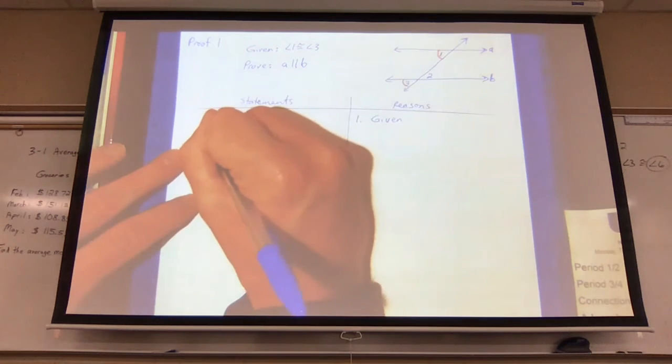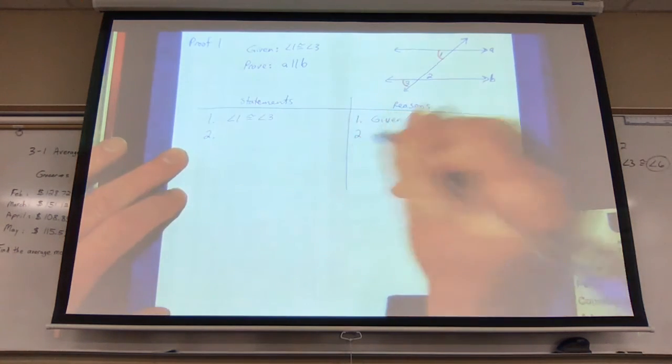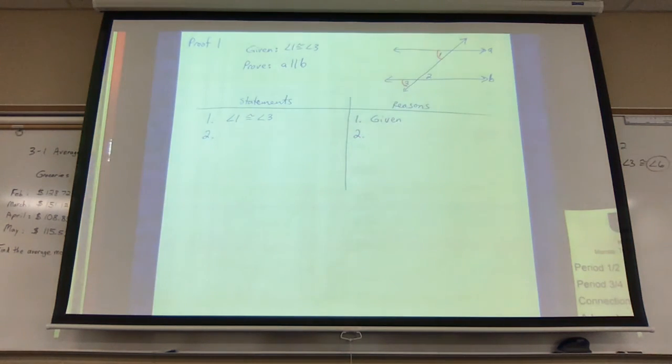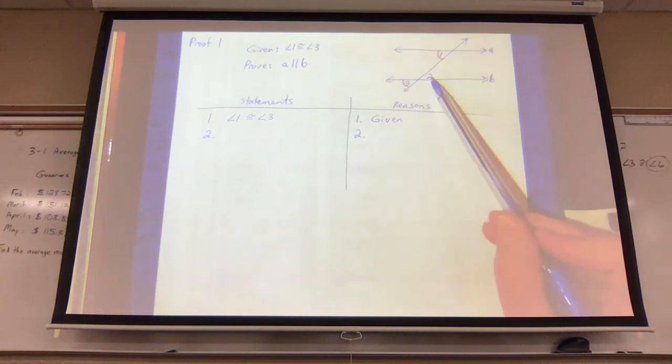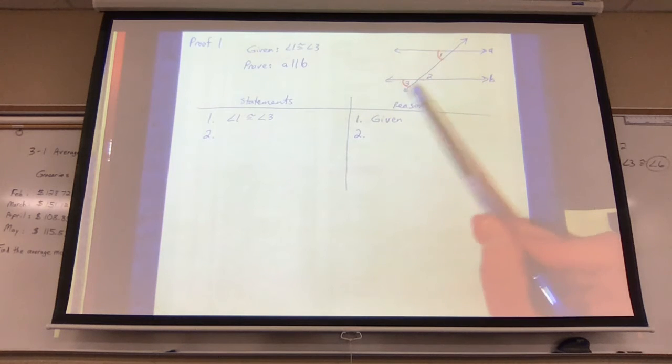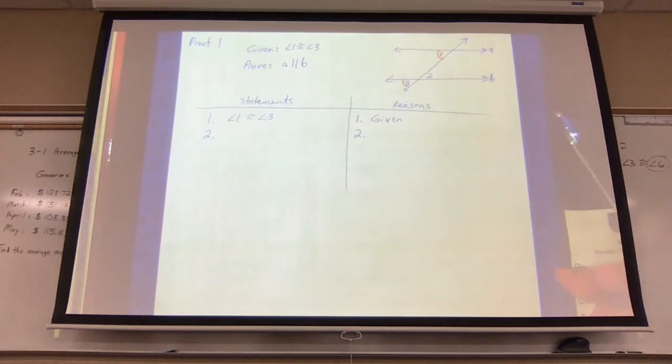And then for step 2, I'm going to go to one of the patterns I talked about that will happen a lot of times in these proofs. If you just look at the picture, hopefully one thing that jumps out at you is angles 2 and 3. Those two are right across from each other. What do we call those angles when they're right across from each other?